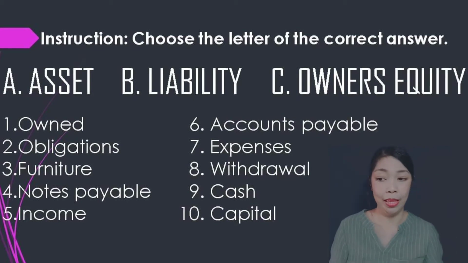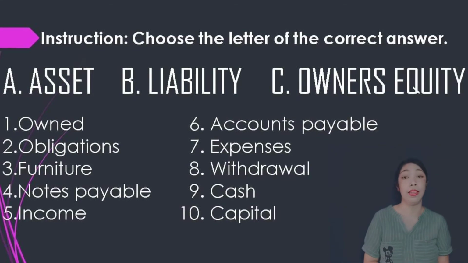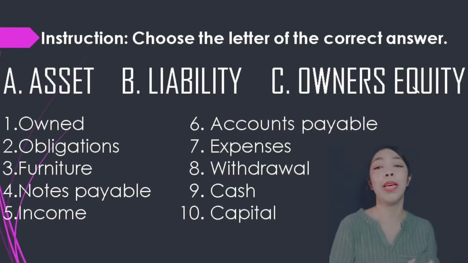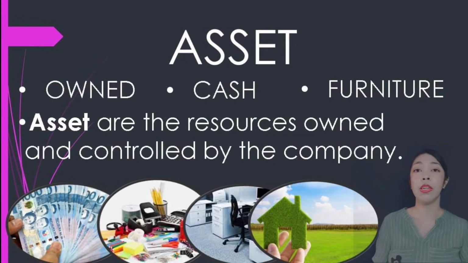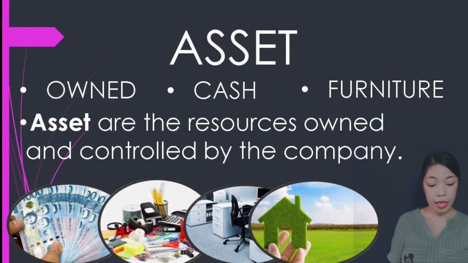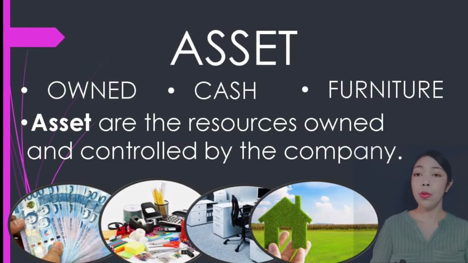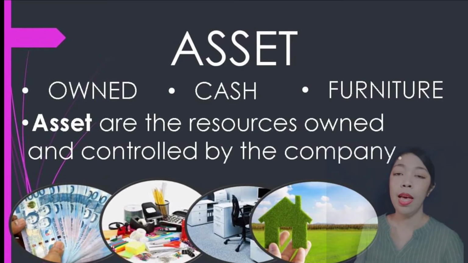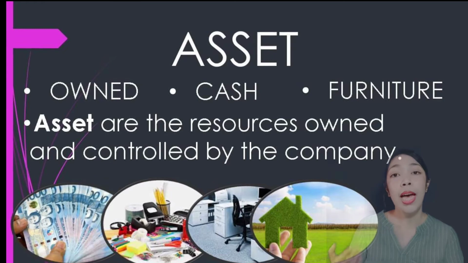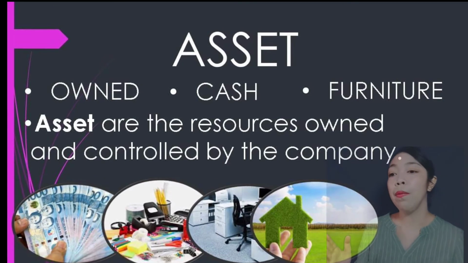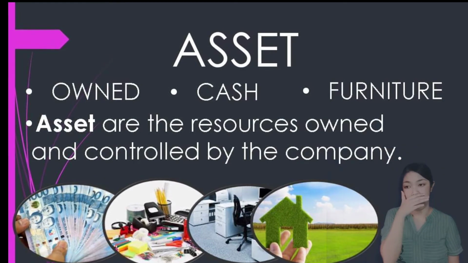Now that you have an idea about the examples and the definition, we will now be able to discuss them one by one. Okay, let us start on the first element, which is the asset. You told me that it is owned, cash, and furniture that defines the asset. So please give me the definition of asset.